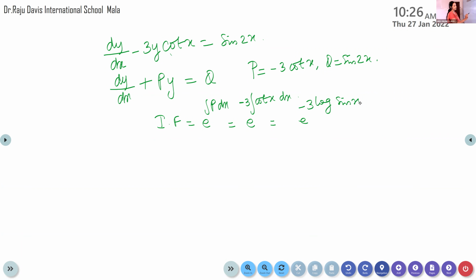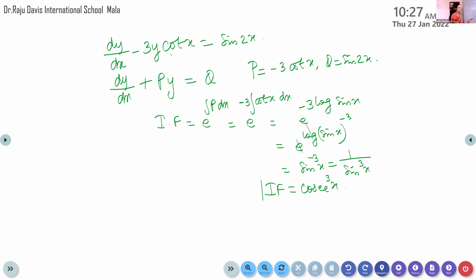Apply the property: take the number to the power, and e and log get cancelled. So we get sine x raised to minus 3, that is same as 1 by sine cube x. One by sine is cosec, so it will be cosec cube x. Integrating factor is cosec cube x.